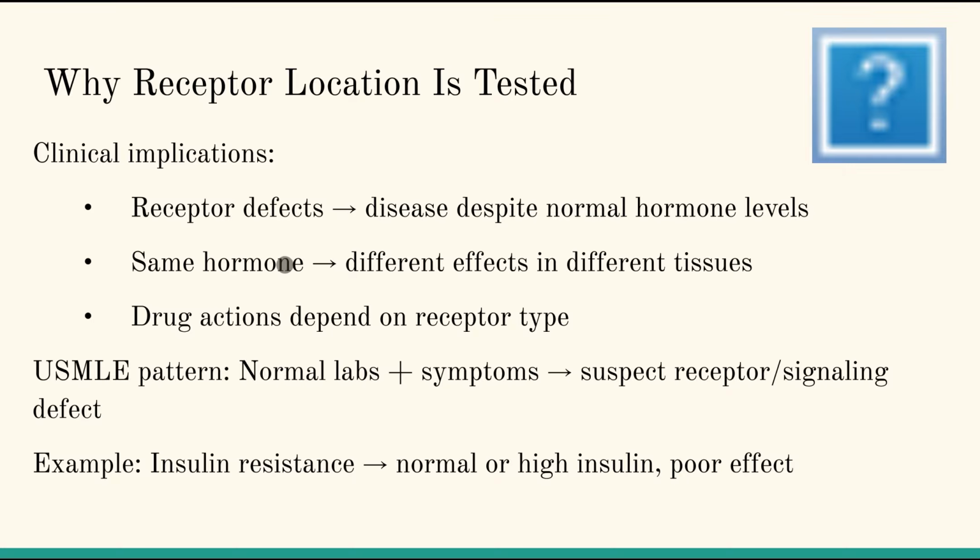A patient may have normal or high hormone levels but still have symptoms of deficiency, because the receptor or the signaling pathway is defective even though the hormone levels are within the normal range.